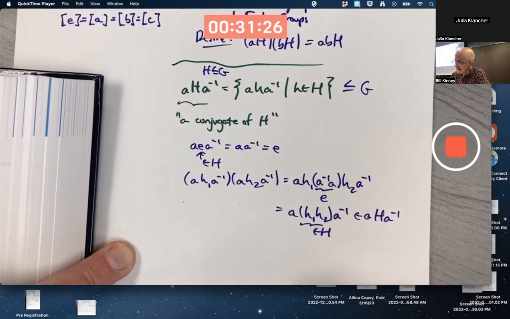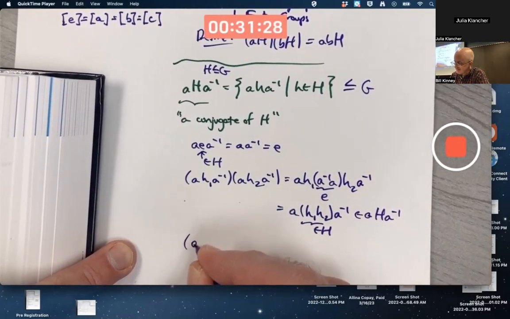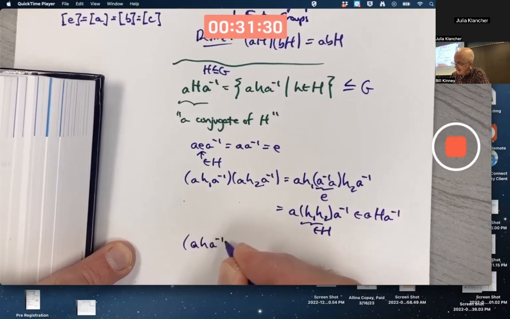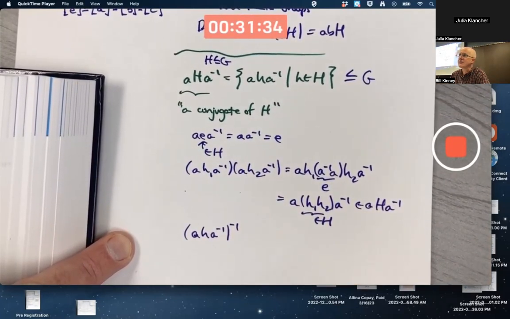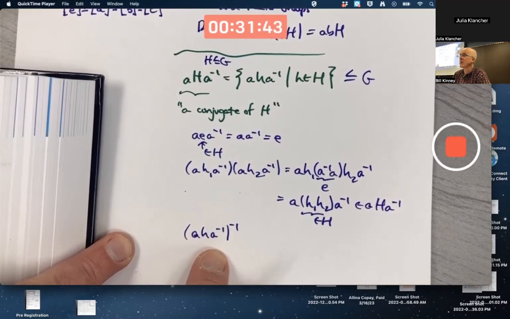And is it closed under taking inverses? Well, take an inverse of an arbitrary element. There is an extension of the socks-shoes property. When you have the product of three things, instead of calling it the socks-shoes property, you call it the socks, shoes, boots property. First put your socks on, then your shoes, then your boots.